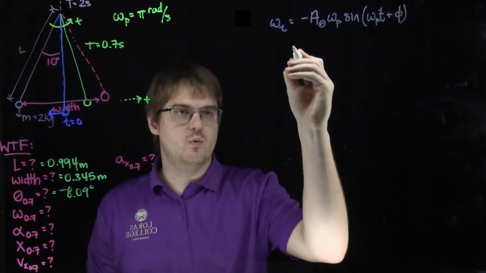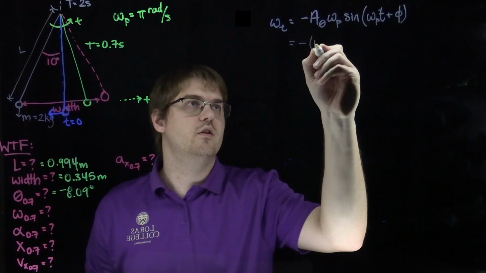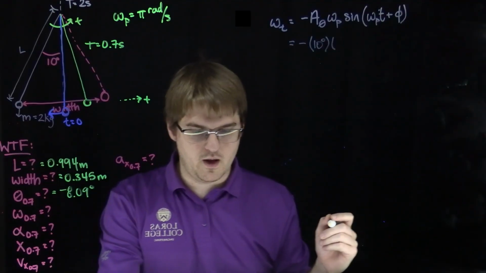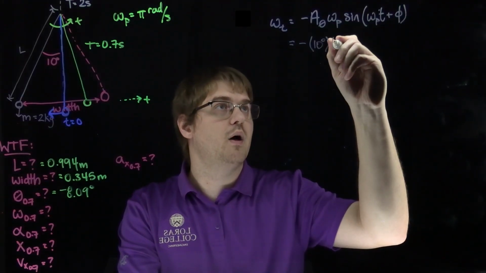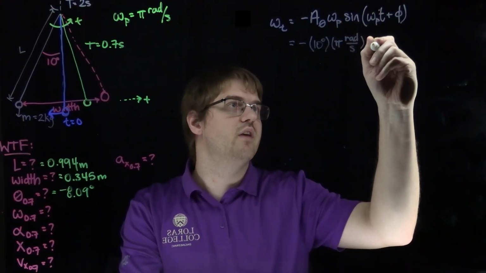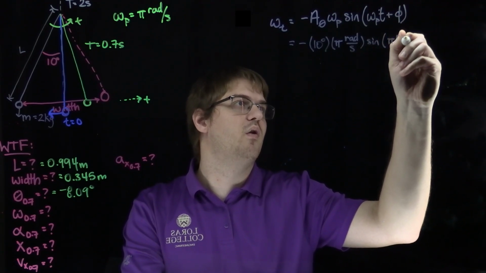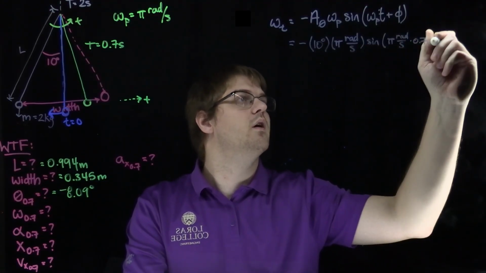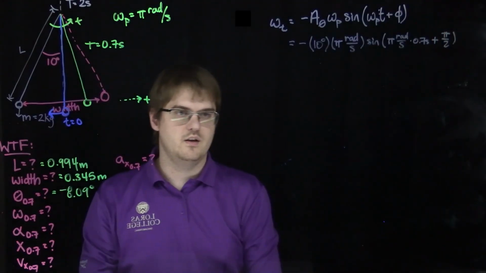We know every single one of these values, so I have negative A theta is 10 degrees times omega p, and my omega p is pi radians per second times the sine of pi radians per second times my 0.7 seconds plus my pi over 2, which is my phi offset, and there we are.